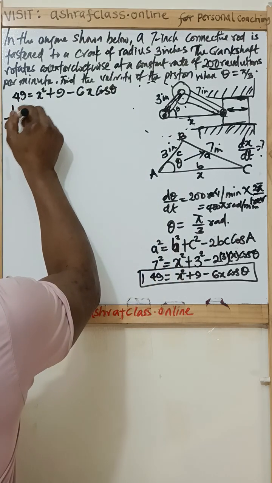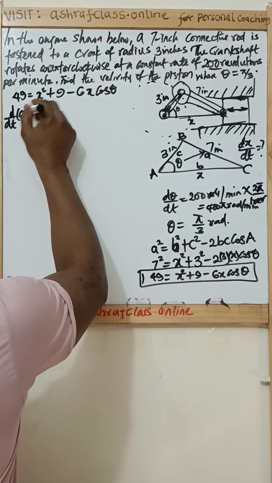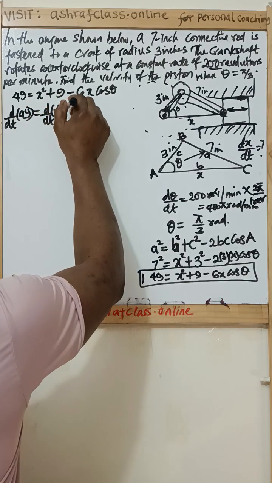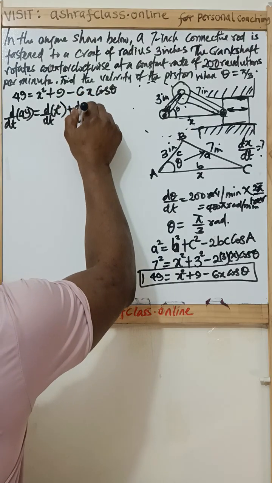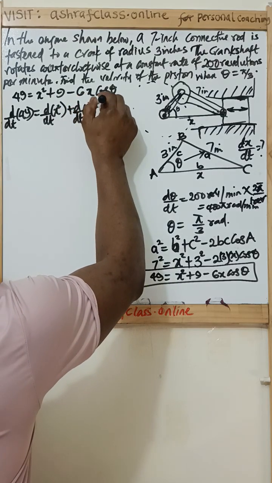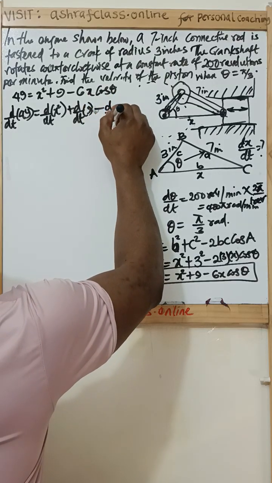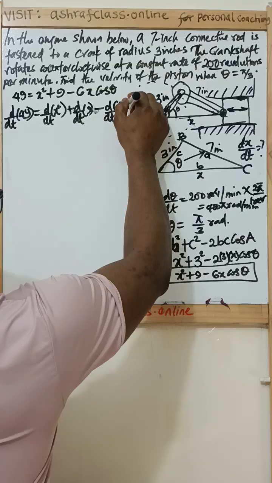So we get d/dt of 49, equals d/dt of x squared, plus d/dt of 9, minus d/dt of 6x cos theta.